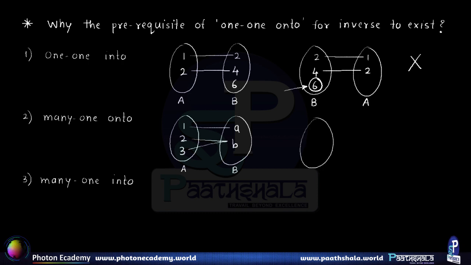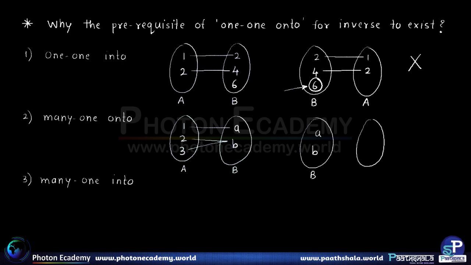So here B becomes the first set which contains A and B, and A becomes the second set which has 1 2 3. A is linked with 1 and B is linked with 2 and 3.